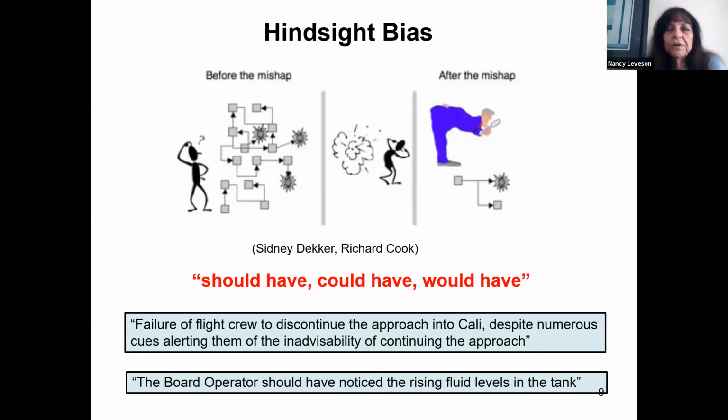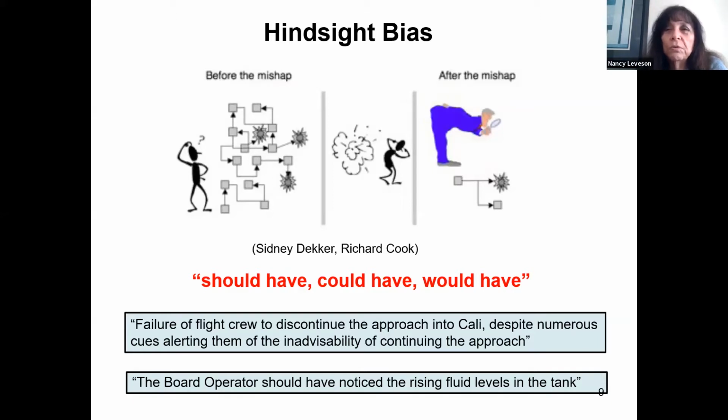Here's another one from that Cali accident. I mentioned the Boeing 757 in Cali, Colombia. It ran into a mountain while landing. The failure of the flight crew to discontinue the approach into Cali, despite numerous cues alerting them of the inadvisability of continuing the approach.